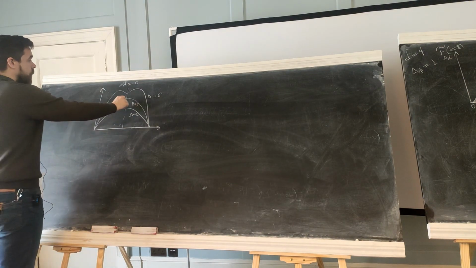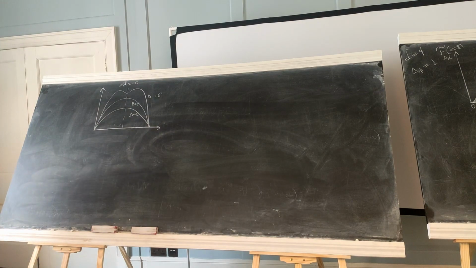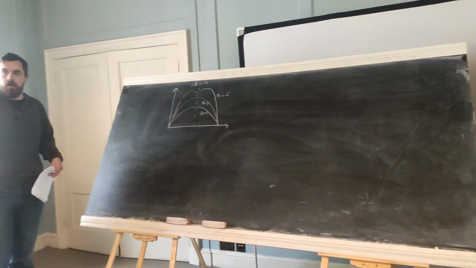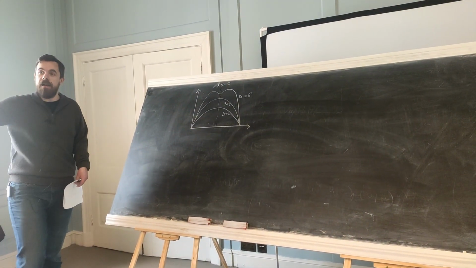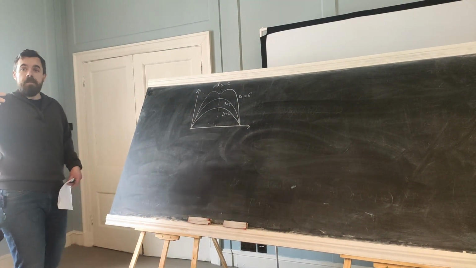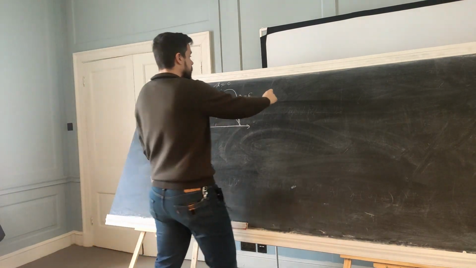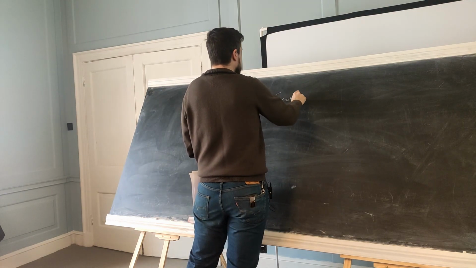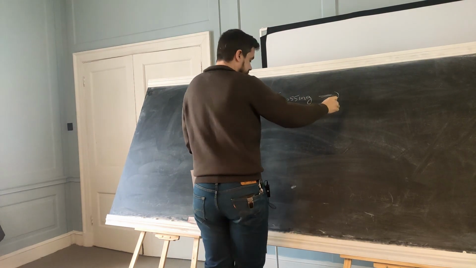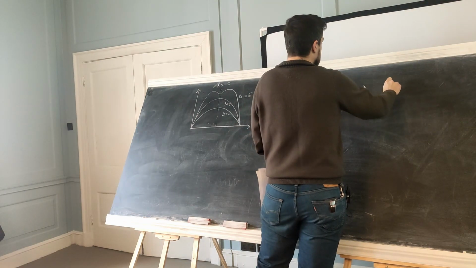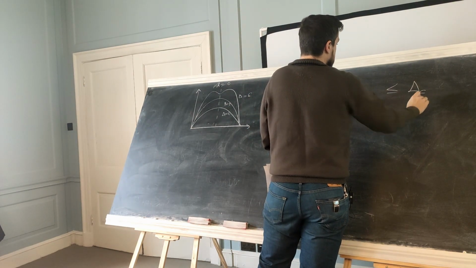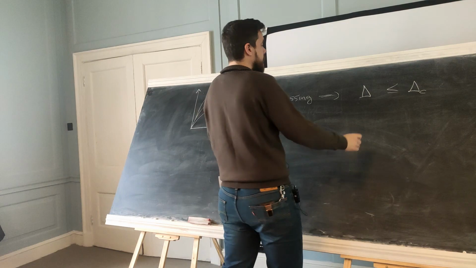And therefore, crossing will tell us that there is an upper bound on the dimension of the leading scalar operator that we could have in this OPE. There's going to be at least one, let's call it the leading one, the one with the smallest dimension among all the ones you might have, but that one has to have dimension below a certain bound. Okay, so crossing here implies that delta of this operator must be smaller than or equal to some delta critical.